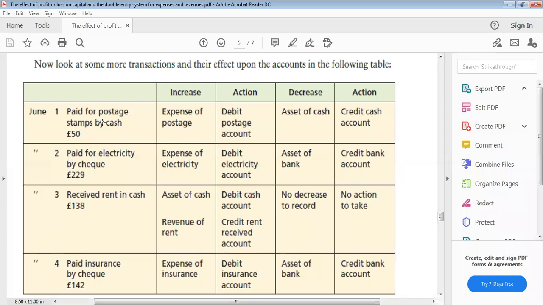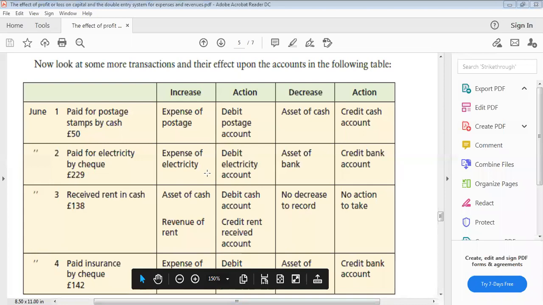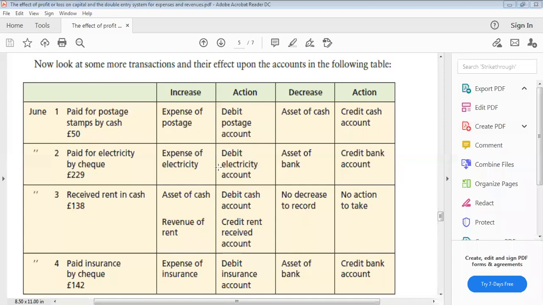I pay for postage stamps by cash, $50. I'm going to stop sharing this page and share the Excel page. Remember, we're looking at two accounts now: postage and also cash. Give me a minute, please.